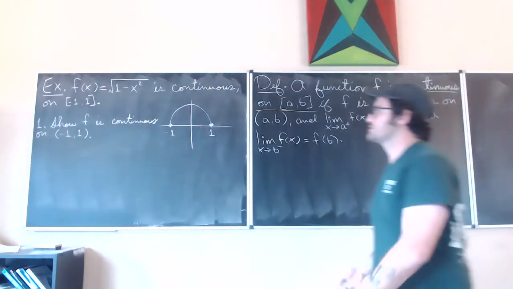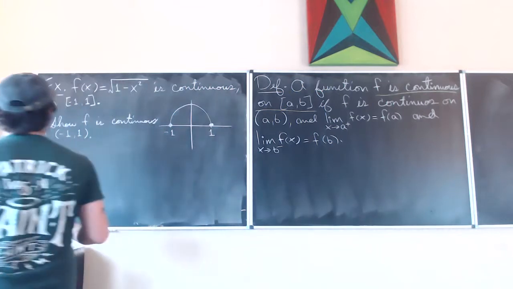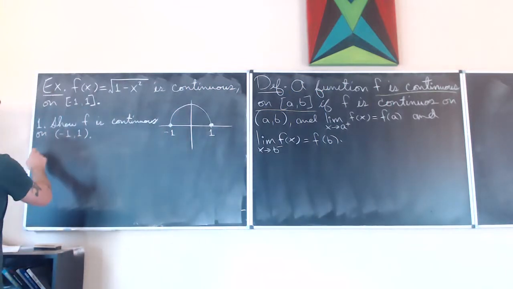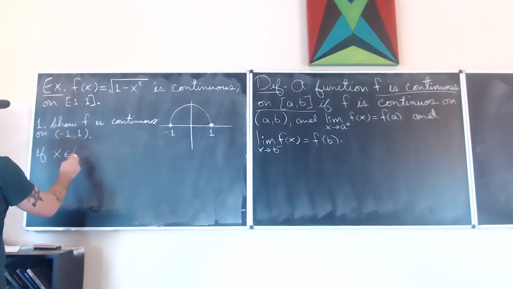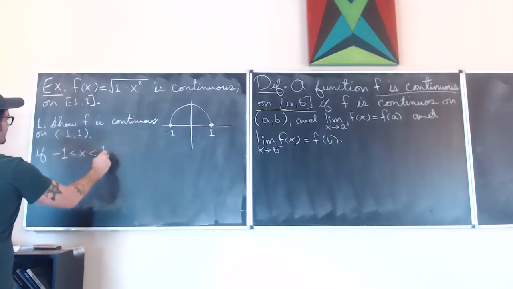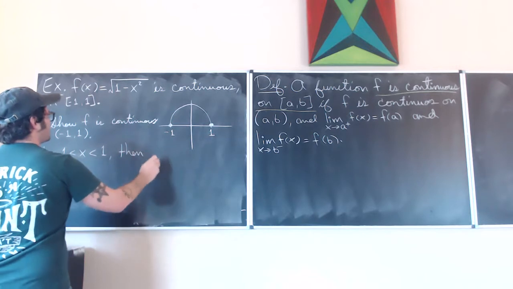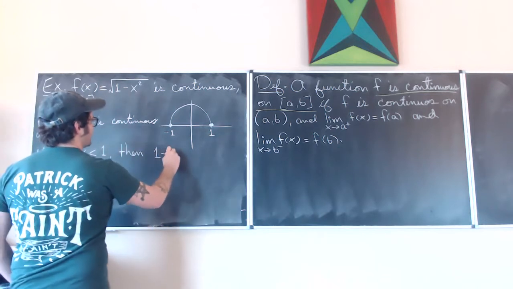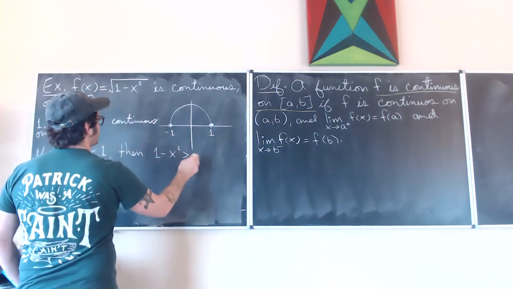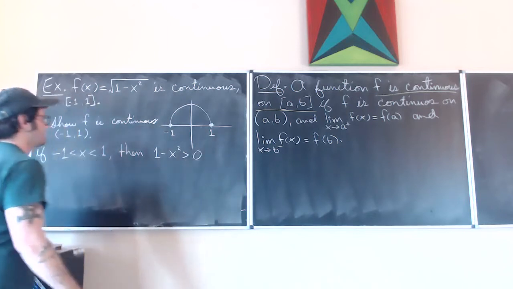So in order to do this, notice that if -1 is less than x less than +1, then 1 minus x squared is greater than 0.